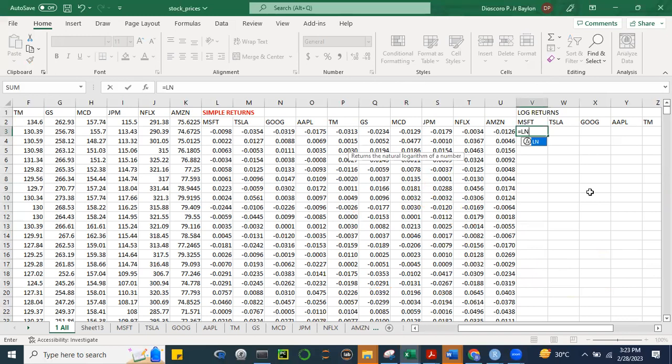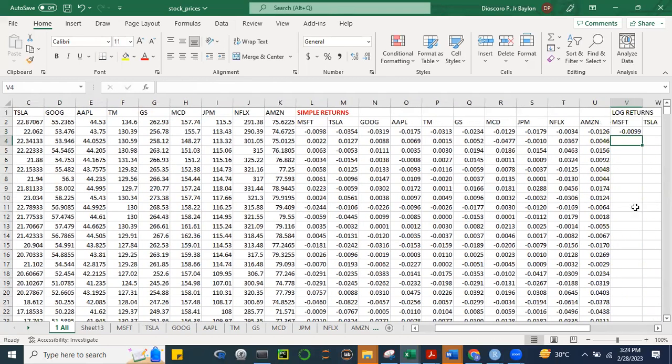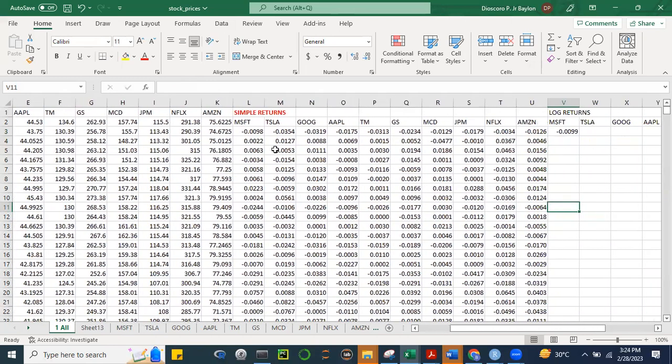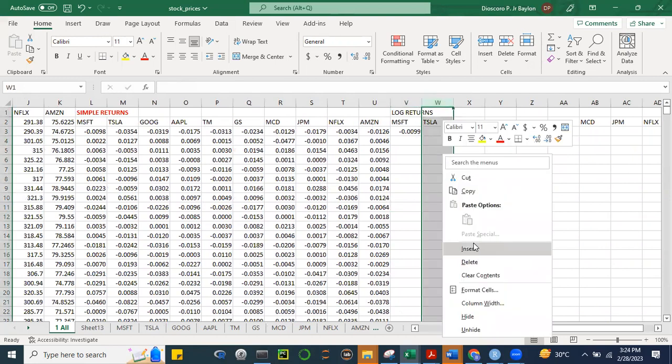Okay, ln of the price at time t, divided by t minus 1. All right. So you notice it's quite close to the simple returns. Hindi naman siya nagkakalayo.